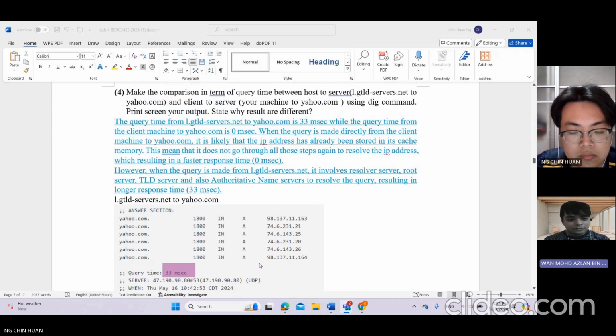This is because the resolver has stored the IP address inside its own cache memory, resulting in a faster response time. On the other hand, the other query requires many steps to resolve the domain name, resulting in a longer response time.